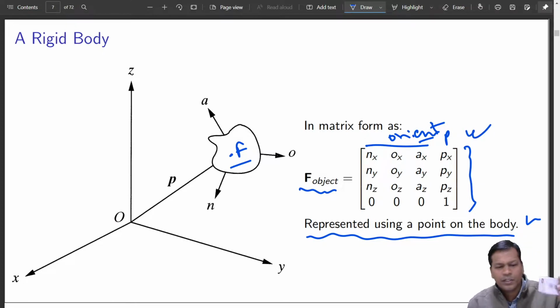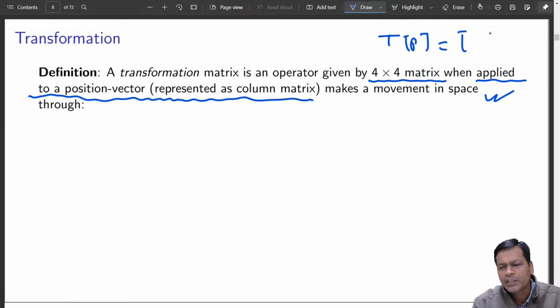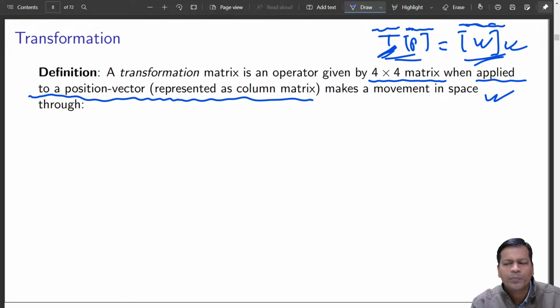If I apply that transformation matrix to a location, it will be shifted to another location with a certain orientation. Definitely transformation includes rotation and translation operators. So this is an operator which acts on a point or a frame, and your frame gets translated and rotated, and this becomes your new point. Let us see how it works.